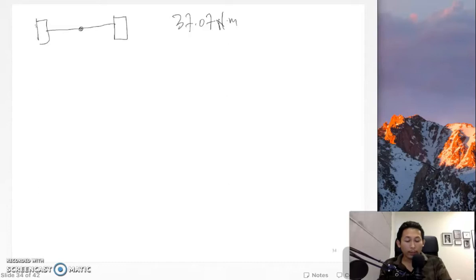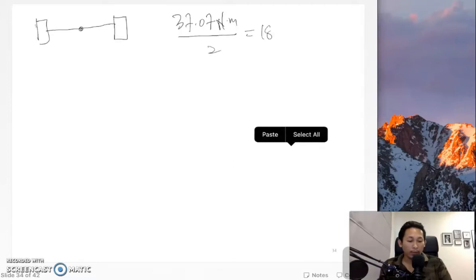Basically this moment acts on the front and rear, so we need to divide it by 2, so we have 18.5535 for the front and rear wheels. So we just calculate the front wheels.